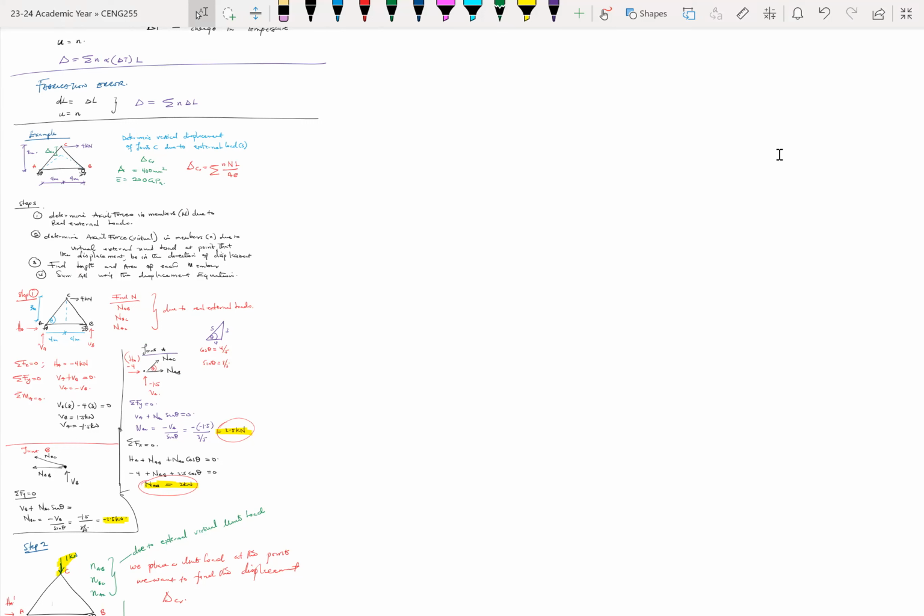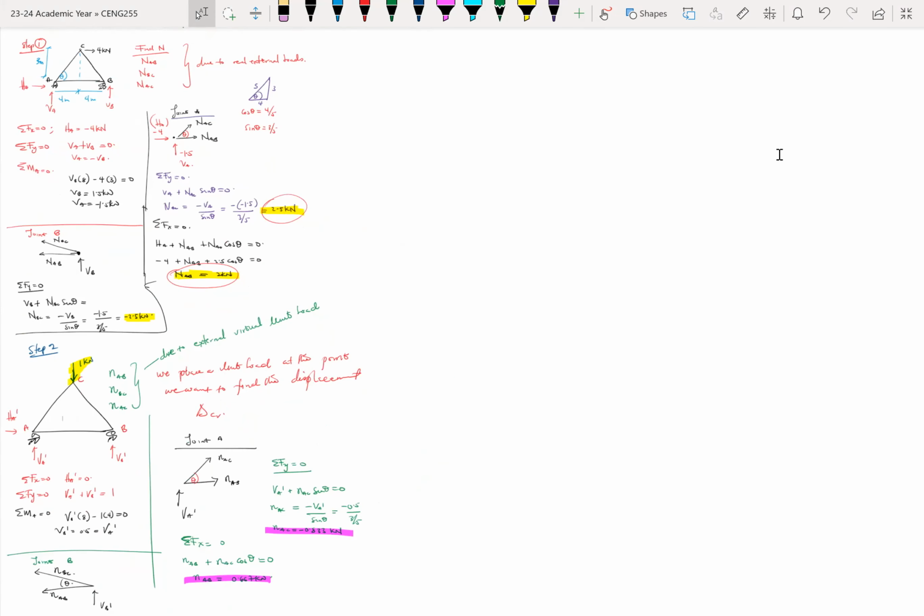All right. So last week we started looking at the unit load method, which sometimes we call the virtual work method, and we were able to formulate some sets of equations which can be used to determine deflections of various points on a structure.